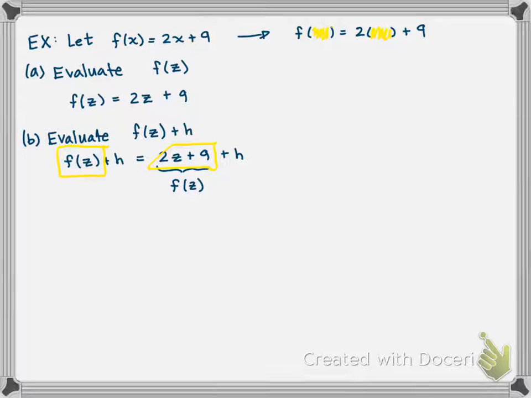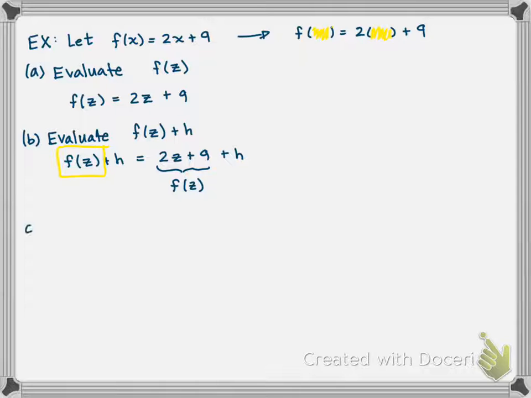We're not actually trying to get anything alone. We only do opposite operations if we don't want that h on the right side, in which case we would then subtract it. But for our purposes here, we want the left and right side to represent exactly the same thing, so they should perform the same operations. All we did was say f of z is performing the operation times 2 plus 9 on z, and so we replace that piece of it.